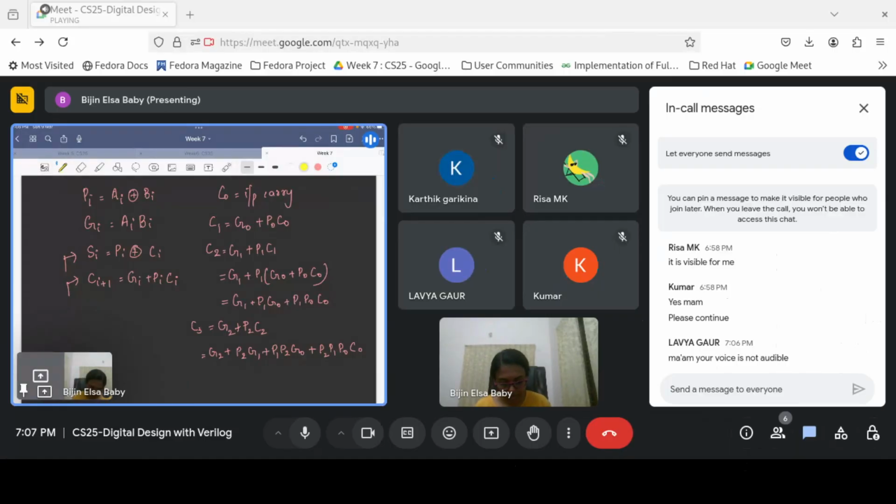So from this equation, C1 only depends on the input carry. C2 depends only on the input carry. It doesn't depend on C1. C3, it doesn't depend on C2. It only depends on C0. So we can compute the carry independently.